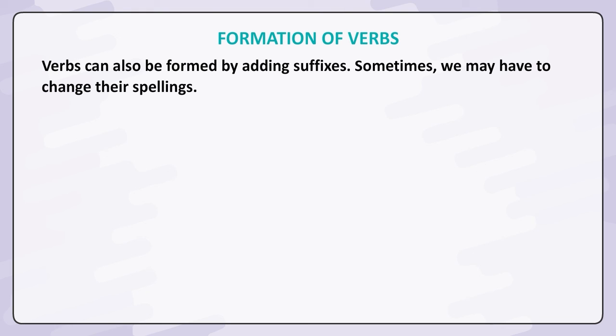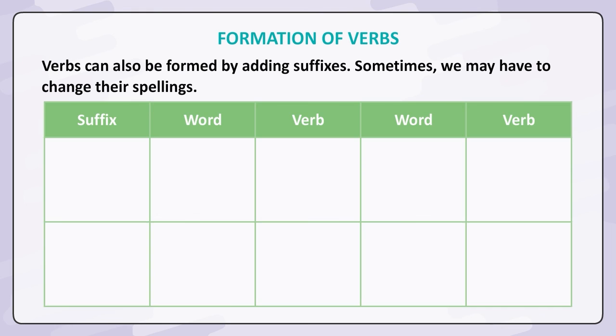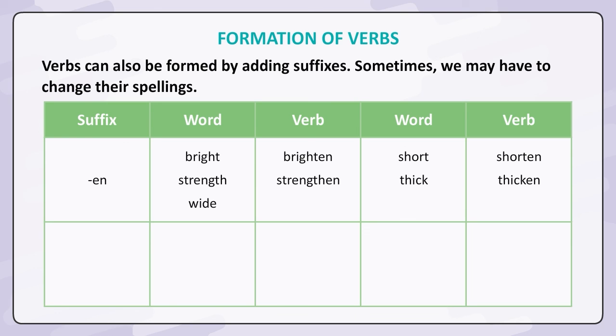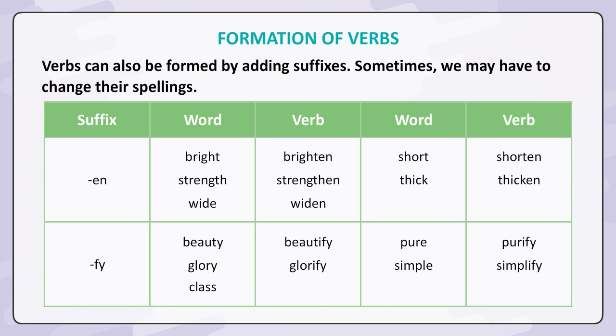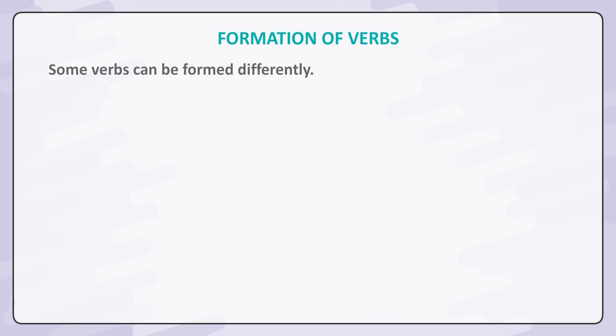Sometimes we may have to change their spellings. En: bright, brighten; short, shorten; strength, strengthen; thick, thicken; wide, widen. Fy: beauty, beautify; pure, purify; glory, glorify; simple, simplify; class, classify.